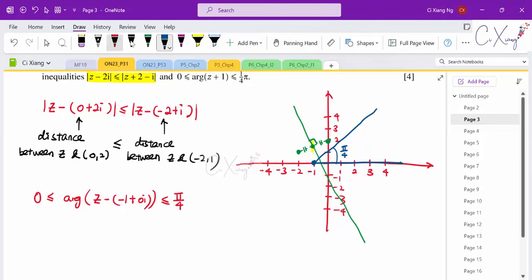Okay, so finally, if I want to shade the area that I'm going to consider, it is actually the overlapping between the yellow just now and also the blue color part. So my shaded area should be this one.